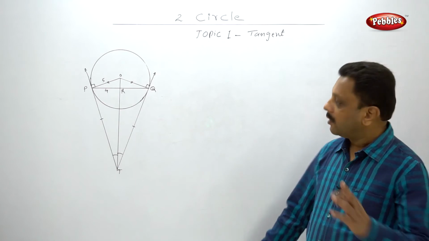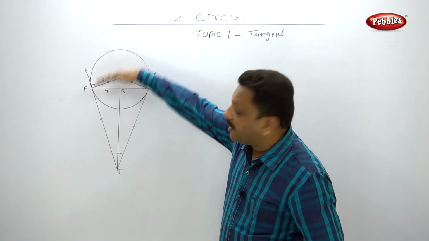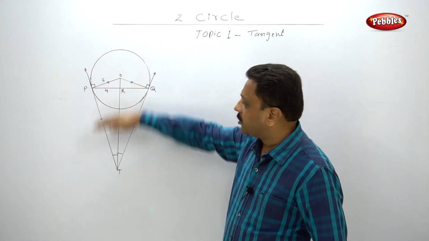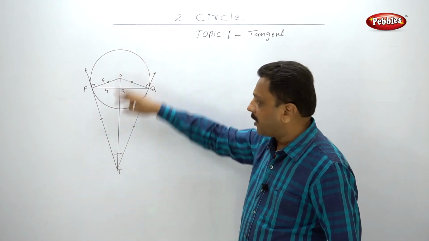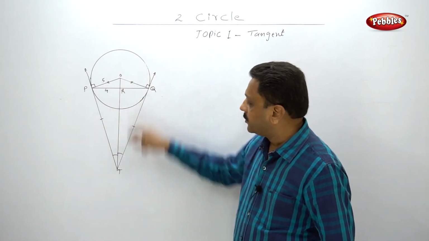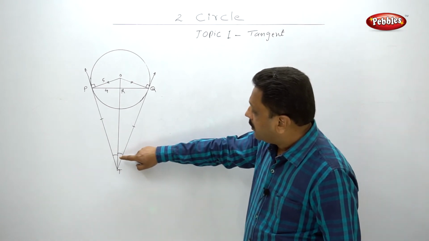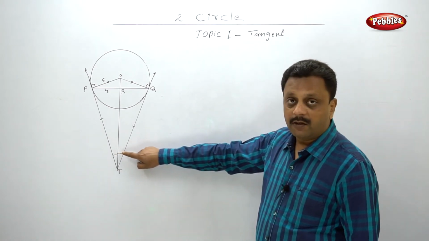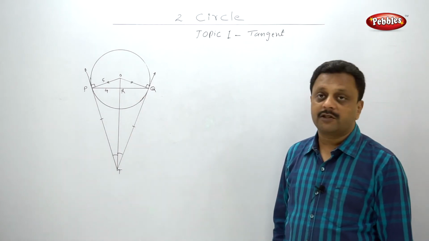Correct? Now leave the upper part apart. Now this triangle PRT, let's cut the upper part. Now in these two triangles, angles are equal, and this side is common, the hypotenuse is common.